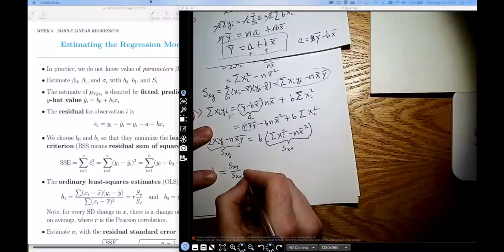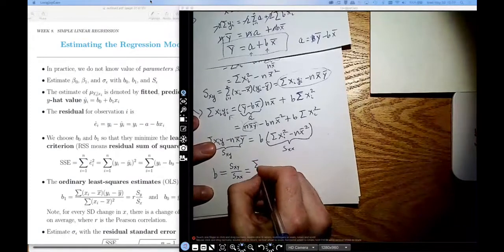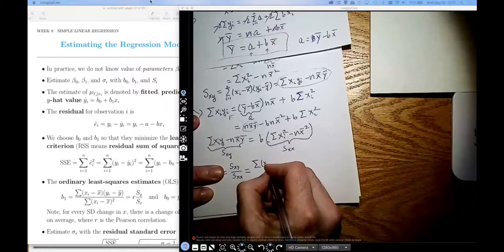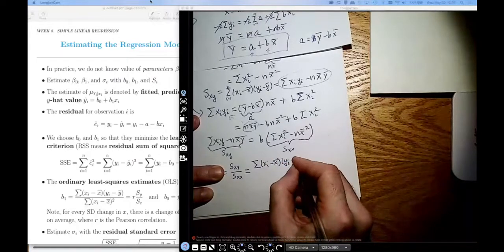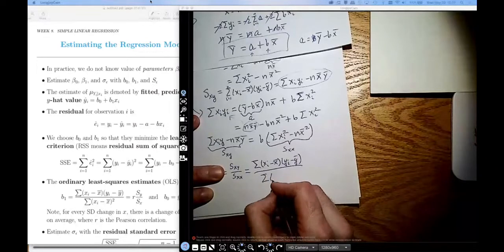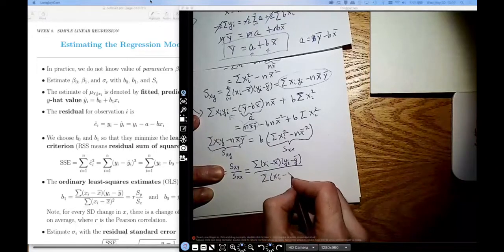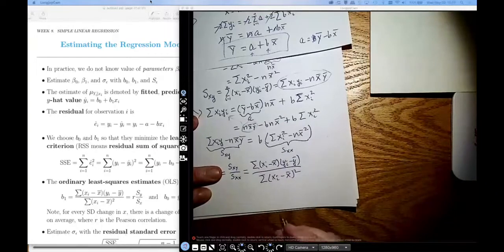So I hate to do this, but I'm going to write out what this is. So the sum of xi minus x bar times yi minus y bar. And then in the denominator, we have the sum of xi minus x bar squared. And what this should look like to you is the correlation coefficient, but we've got to do a little bit of work to it first.